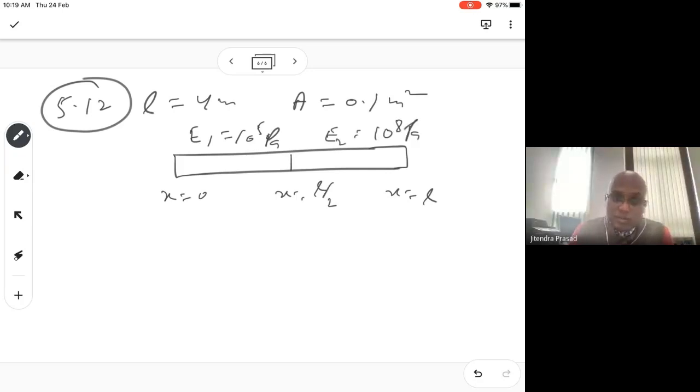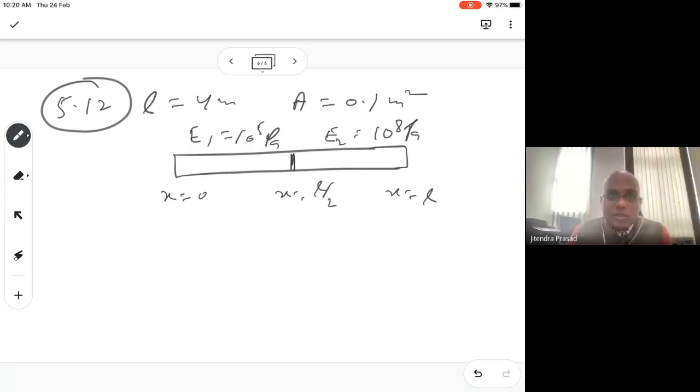So these two have a different E. Now the bar is constrained at x equal to 4.